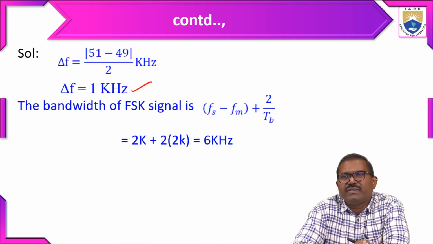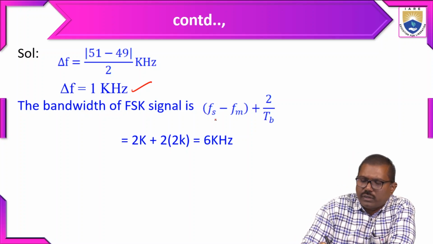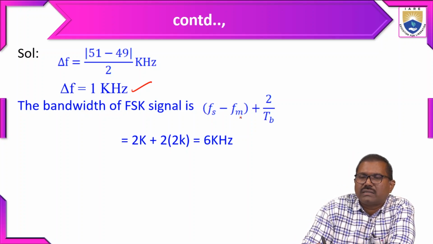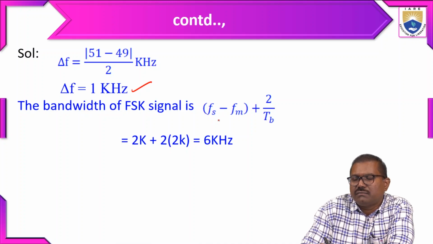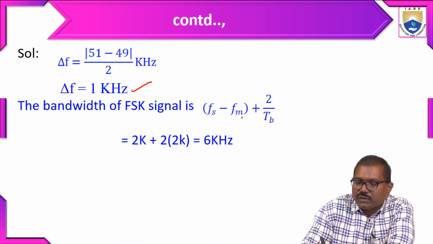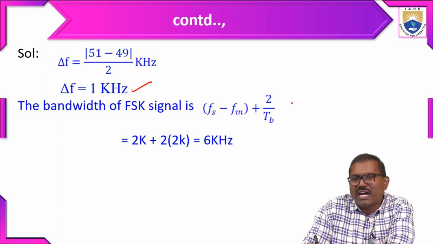The bandwidth of the FSK signal is Fs minus Fm plus 2 by Tb. So for space and mark, 51 minus 49, again 2, plus 2 by Tb. Tb you can write as 1 by Rb, so 2 Rb.